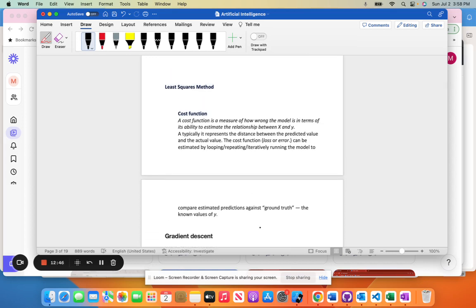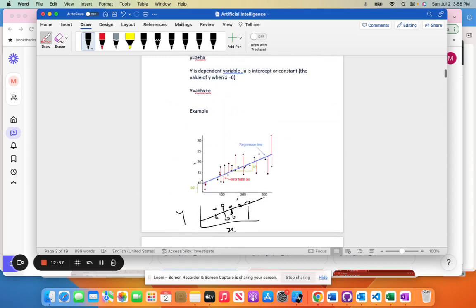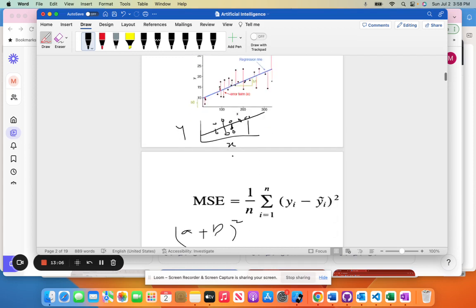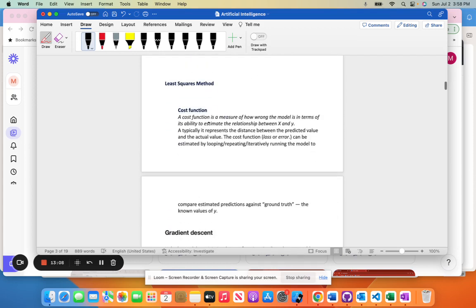A cost function is a measure of how wrong the model is in terms of its ability to estimate the relationship between x and y.